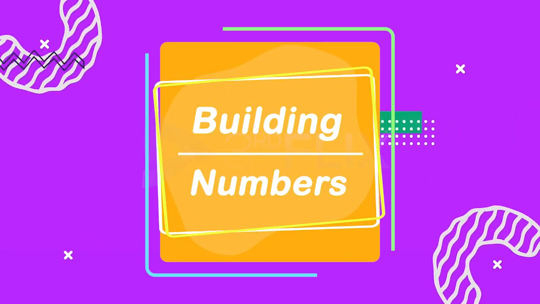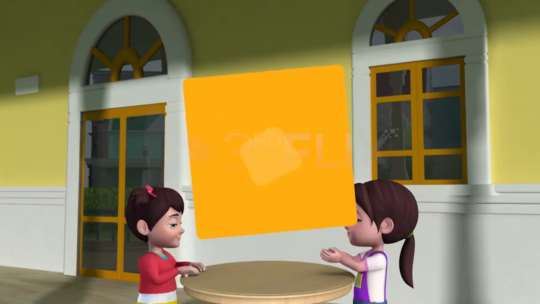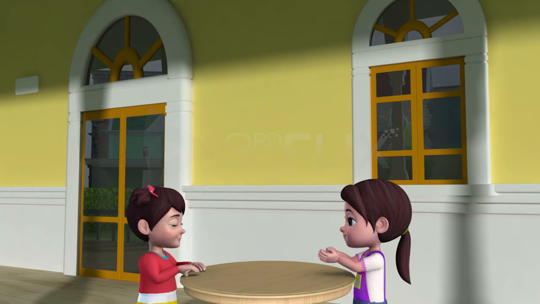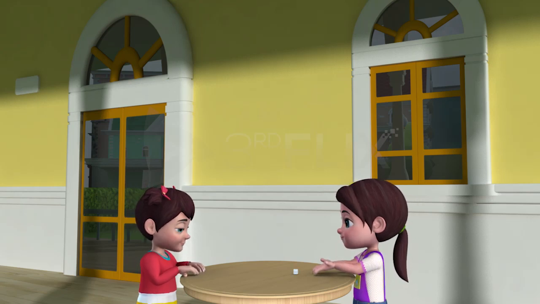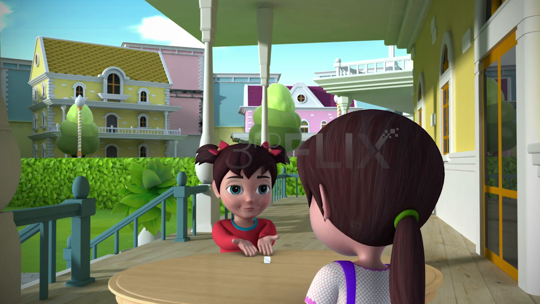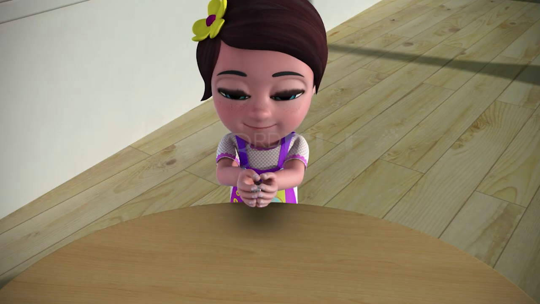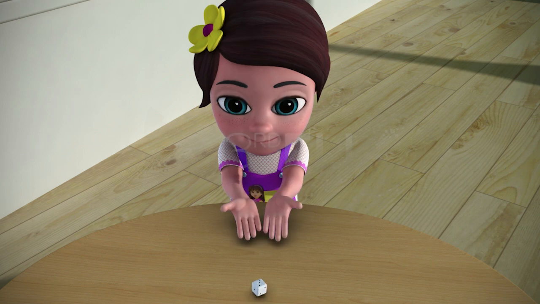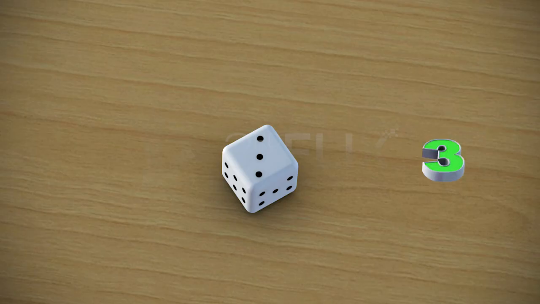Building numbers. Chloe and Ella are playing the number game using dice. Chloe threw the dice 3 times.